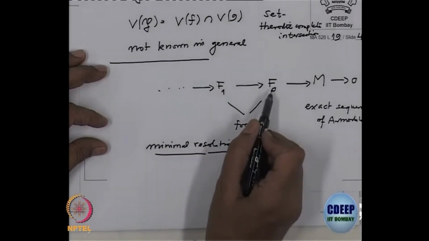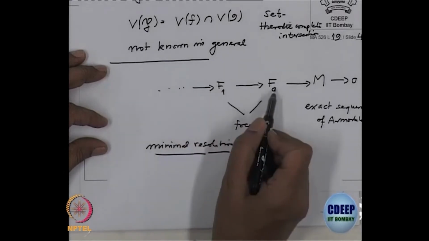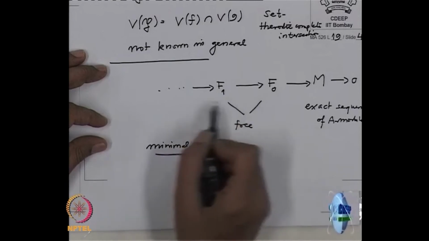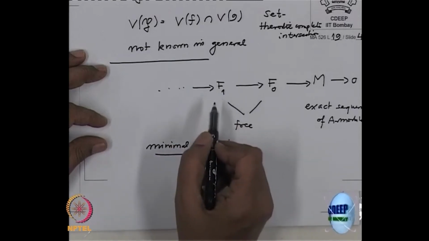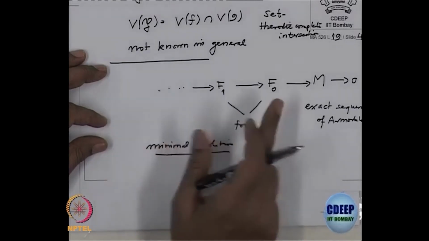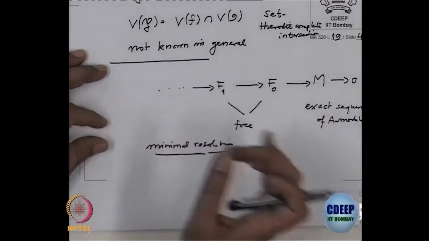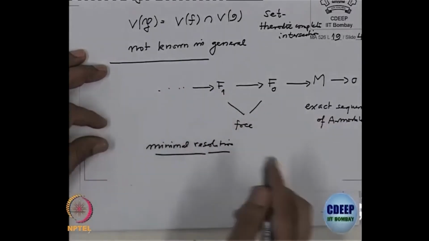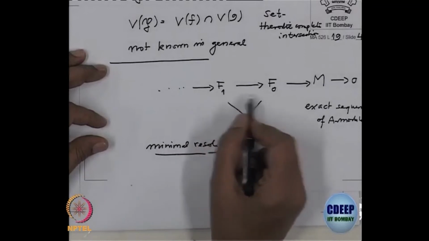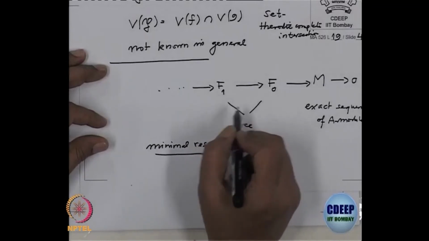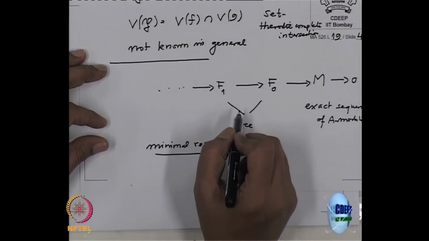That means you choose the minimal system of generators every time, so the image should not be contained inside m times the next one.